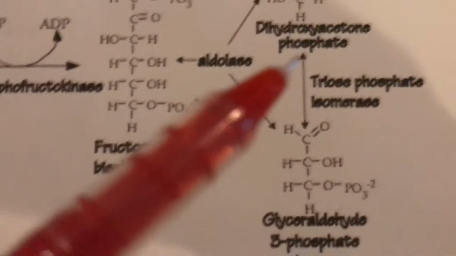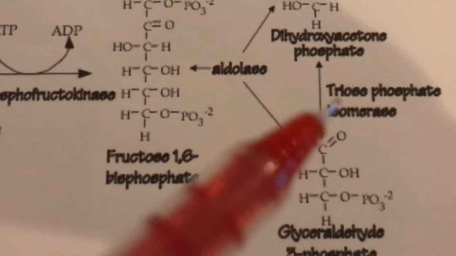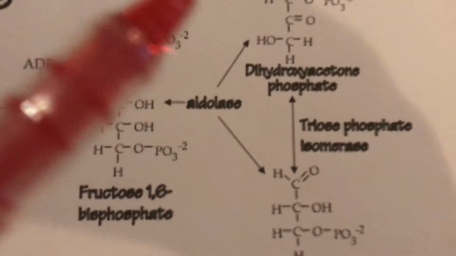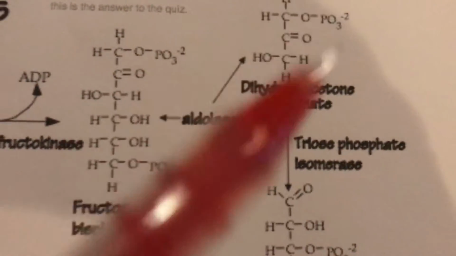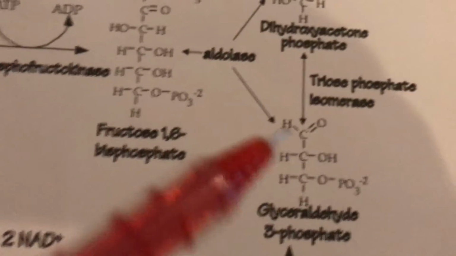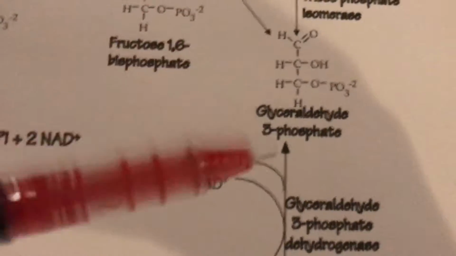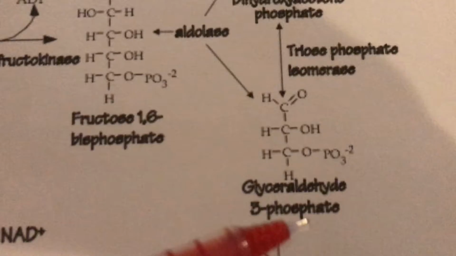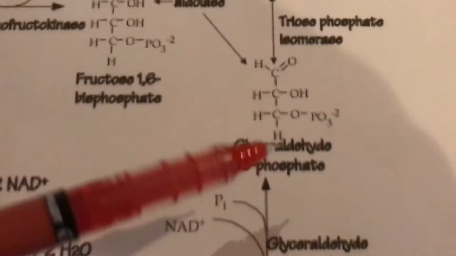And so the enzyme triose phosphate isomerase turns this ketone, dihydroxyacetone phosphate, into glyceraldehyde 3-phosphate in order for it to be catalyzed by this enzyme, because this enzyme is unable to catalyze it unless it's this structure over here.